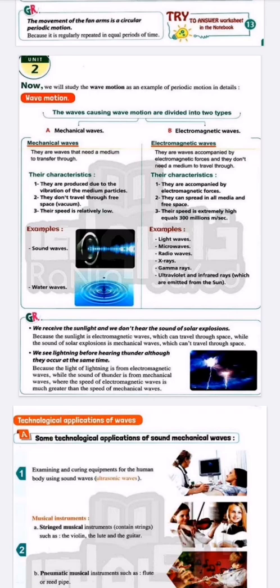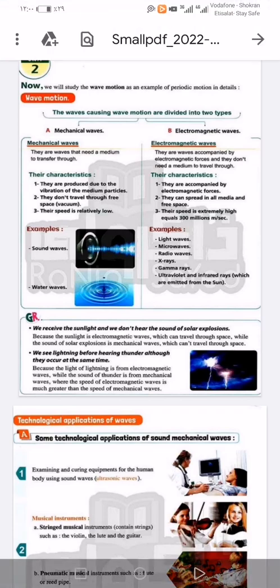So we have two give reasons. We receive the sunlight and we don't hear the sound of solar explosion. Give reason, very important: my dear students, we receive the sunlight and don't hear the sound of solar explosion because sunlight is an electromagnetic wave.